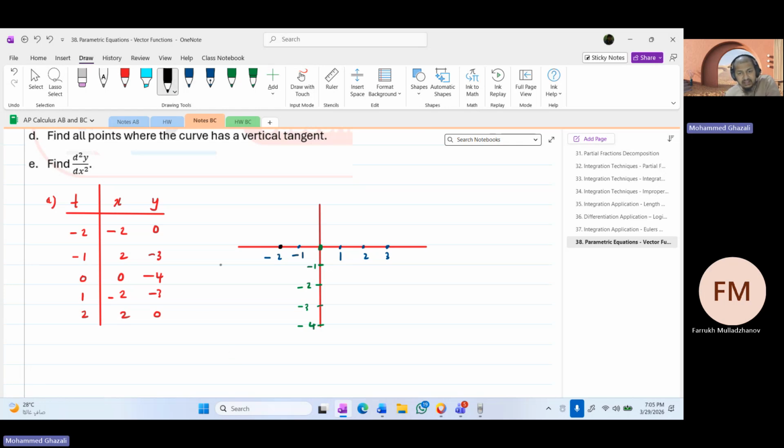Then we have 2 and -3. Then we have 0 and -4. Then we have -2 and -3.